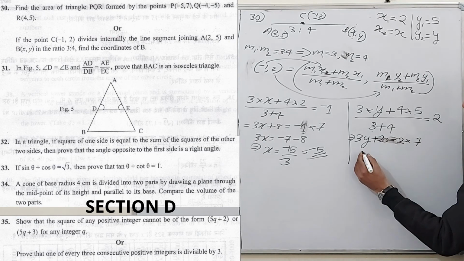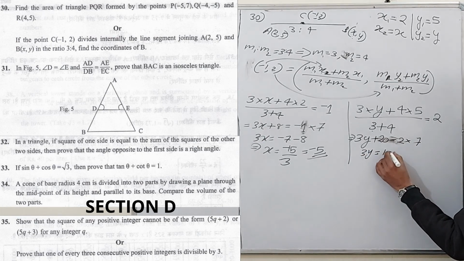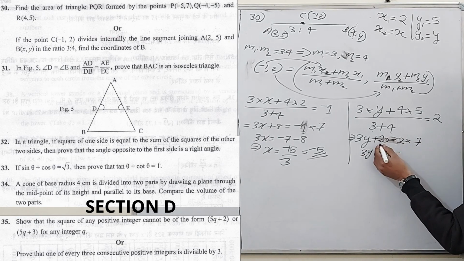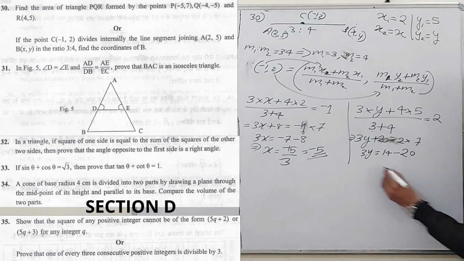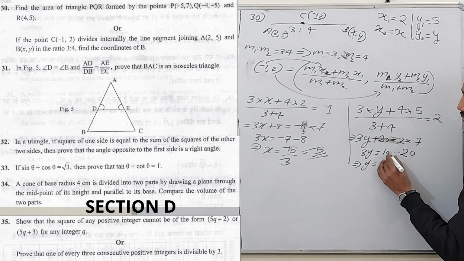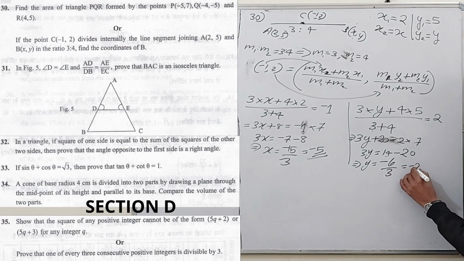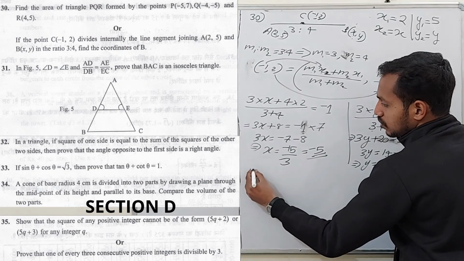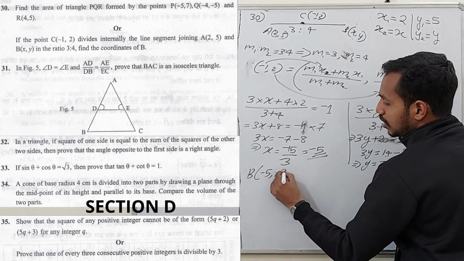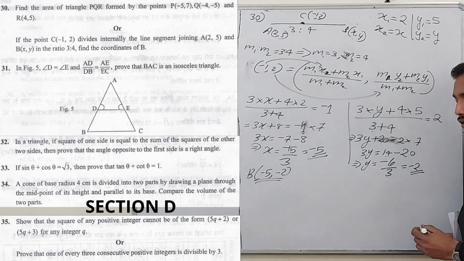Take it to the other side. Then 3y is equal to minus 14 minus 20, which is minus 34... that implies y is equal to minus 6 divided by 3, which is equal to minus 2. So the coordinates of B are minus 5 comma minus 2. So this is the answer.